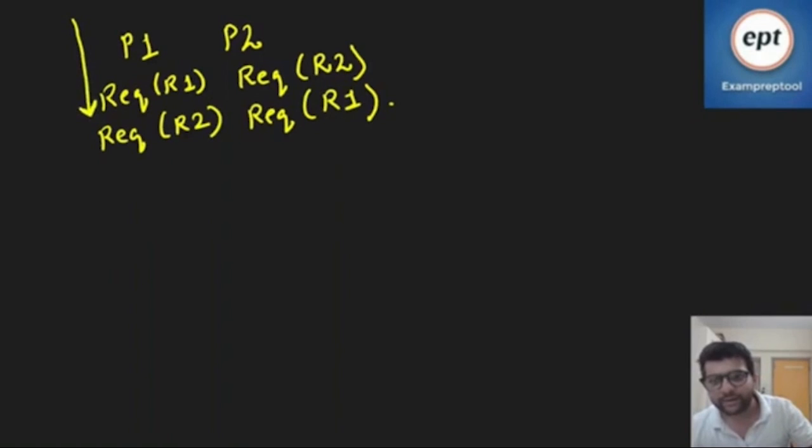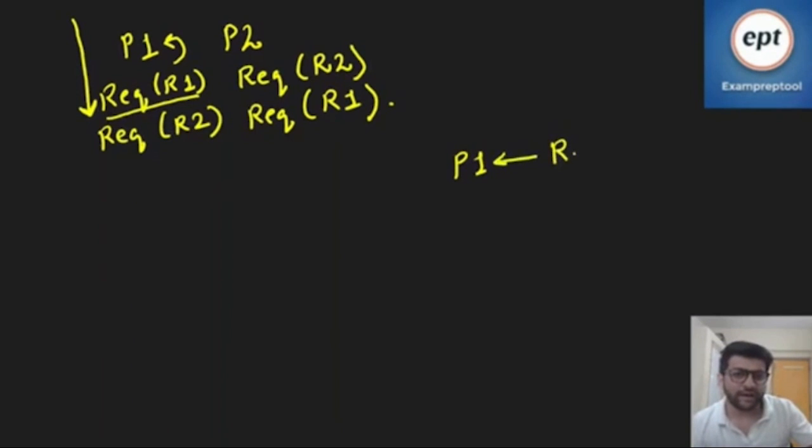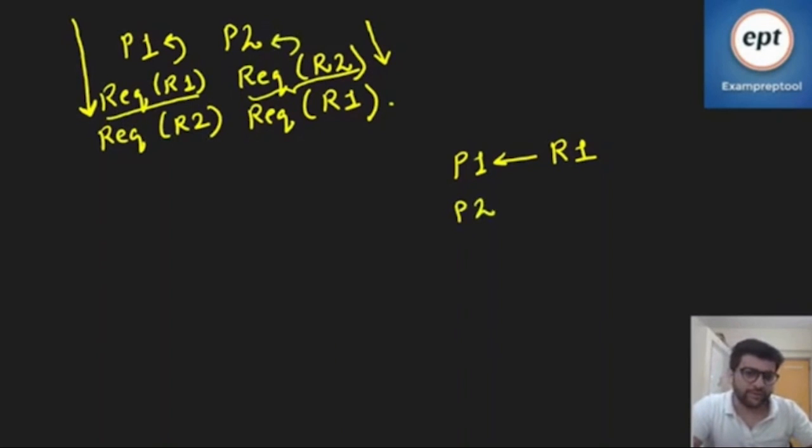We can say that P1 starts executing and gets preempted after the R1 resource is allocated to P1. Now P2 starts executing and gets preempted after the R2 resource is allocated to P2. Now the P1 process is requesting the resource R2 and the P2 process is requesting the resource R1.